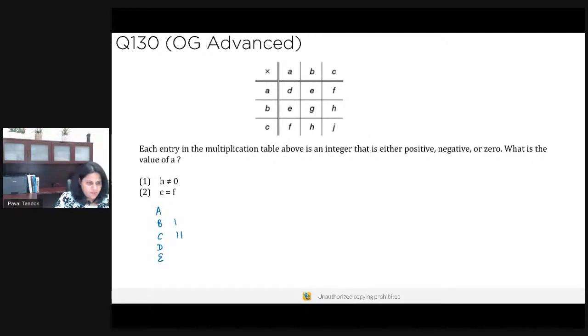So let's get a few more responses. Dishank, I believe you're saying it's A as the correct answer, if you're saying statement 1. C, probably. Okay. There's no probably in quant. Okay, Dishank is saying B, value 1. So choice B. Okay.